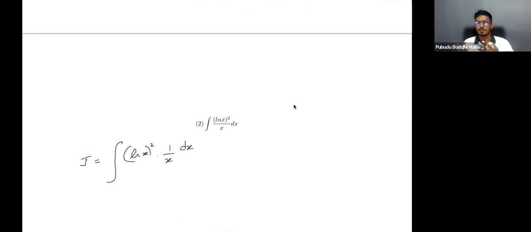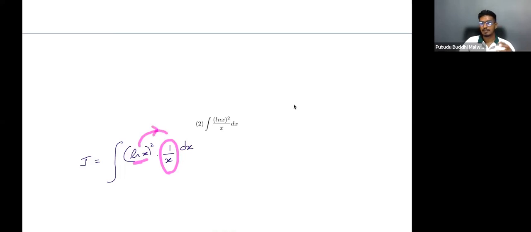Always try to express these integrals as a product. That way you can see things clearly, right? Now again, observe this 1 over x part. That's the derivative of natural log of x.